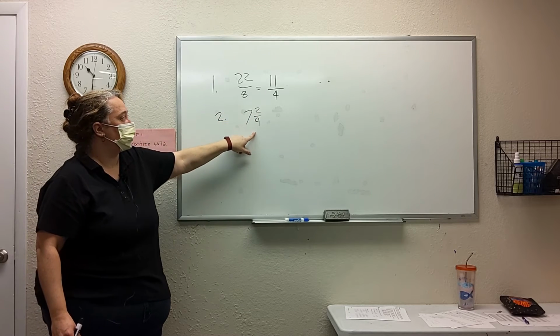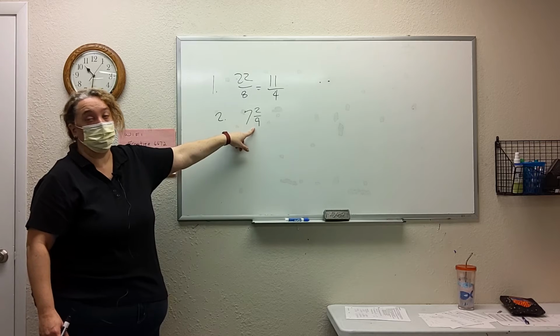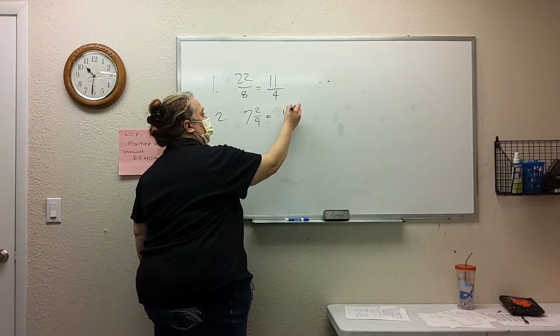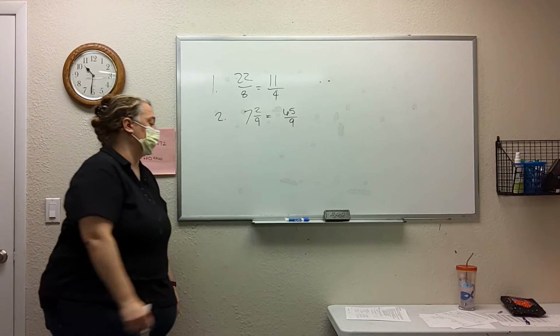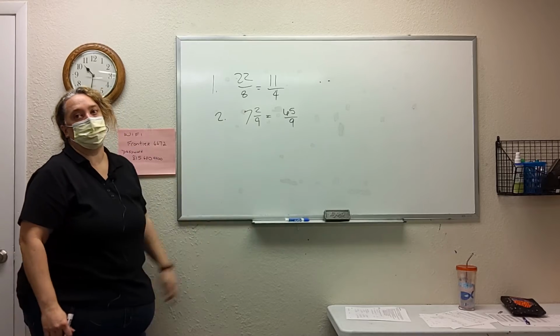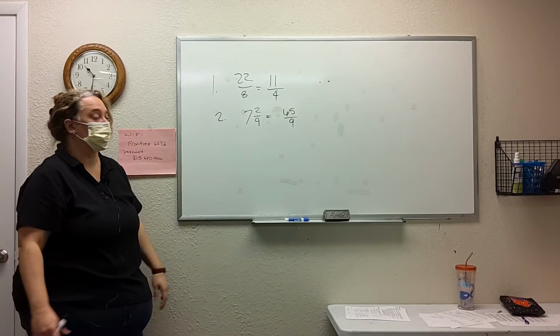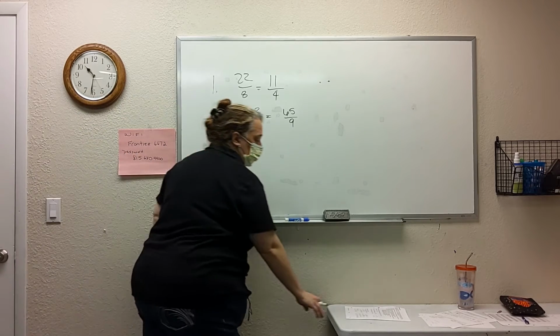So 7 times 9 plus 2. 7 times 9 is 63, add your 2 is 65. So 65 goes on the top. Keep that denominator. So 65 over 9. Your denominator indicates your piece size. You don't change the piece size unless you're multiplying or dividing fractions.